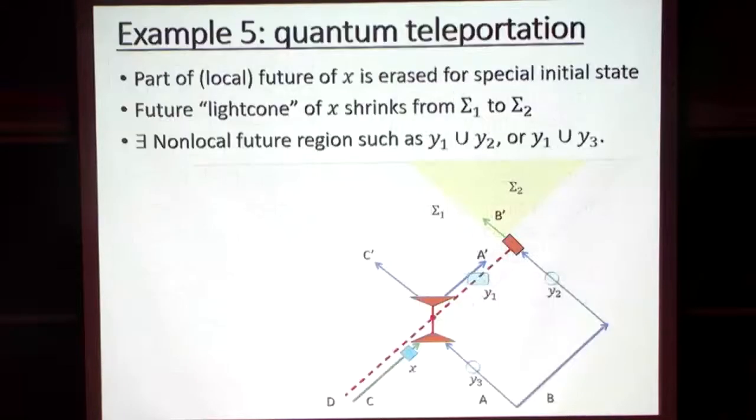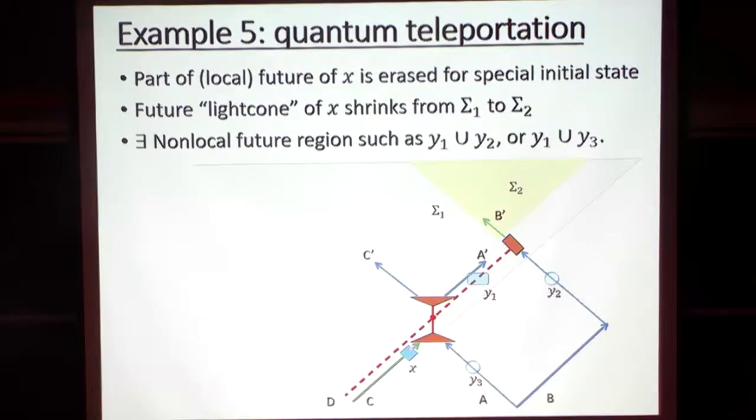So since I'm out of time, this will be the last example I will mention. If you think about quantum teleportation, this is just an older problem, and we just understand it in this new quantity we define. So if you have some C and you teleport it by preparing an EPR pair of A and B, and you teleport C to here.